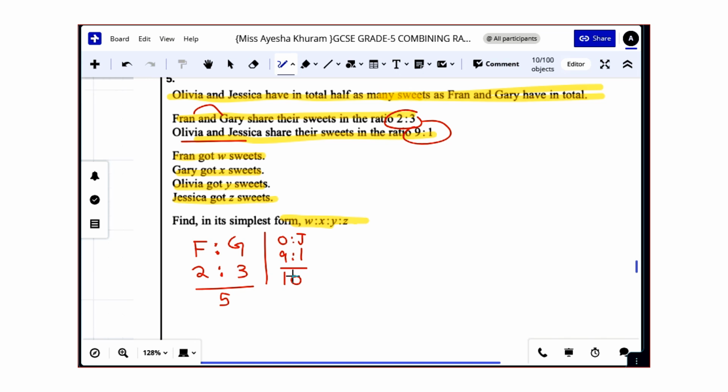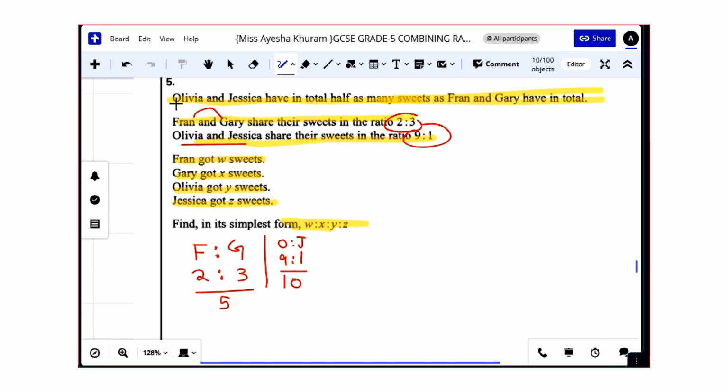In the question, if you focus, he said that Olivia and Jessica have in total half as many sweets as Fran and Gray have in total. So it means Olivia and Jessica have half of Fran and Gray. How much are they going to have?